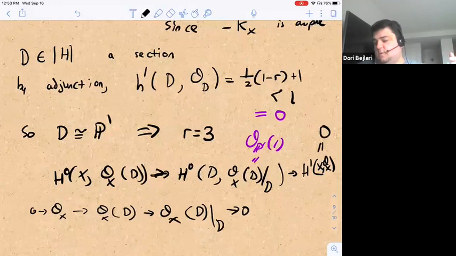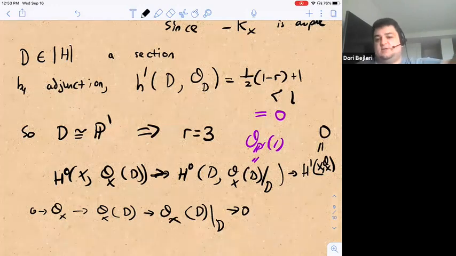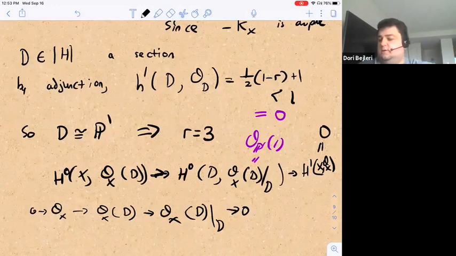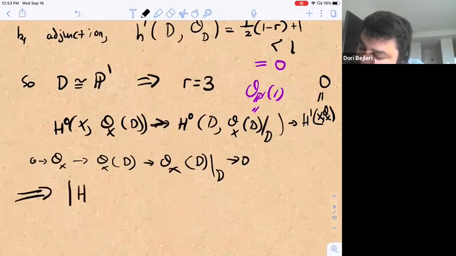And now again, we use this to argue that it's base point free, because whatever base points exist for this linear series, they have to be on our curve, because they're the intersection of all the divisors in the linear series. But we surject onto H0 of O of 1, and O of 1 is base point free. So take any section of O of 1 that doesn't vanish somewhere, then we can lift it to a section of O of D that doesn't vanish at that point. So that tells us this linear series is base point free.